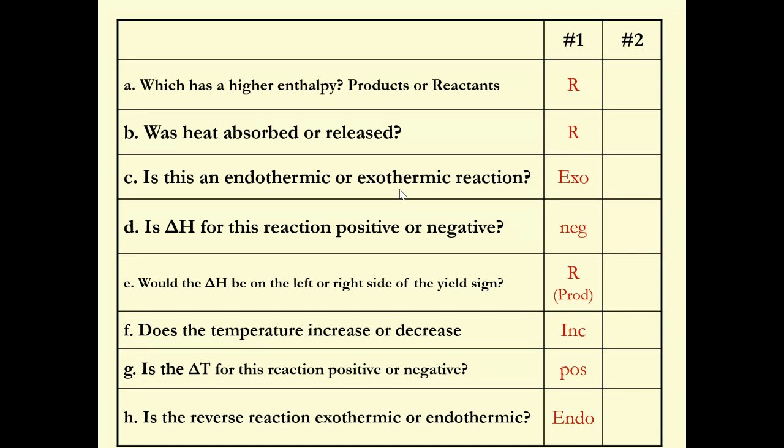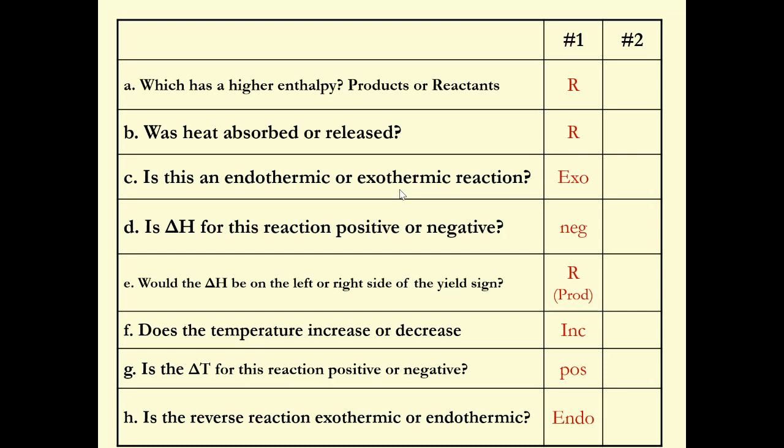If I were to write the heat in the equation, would it be on the left or right side? Heat is being produced. It is a product of the reaction, so it goes on the right, the product side, with the other products. When heat is released, the temperature increases. Is delta T positive or negative?